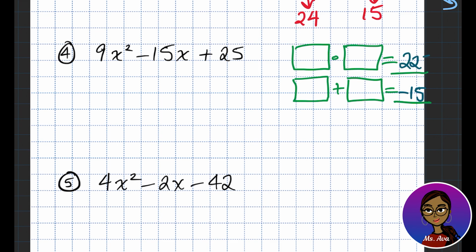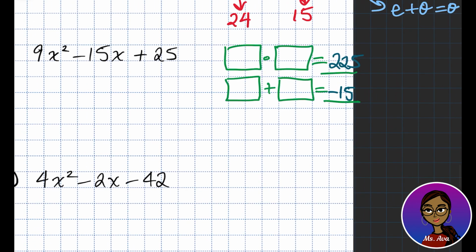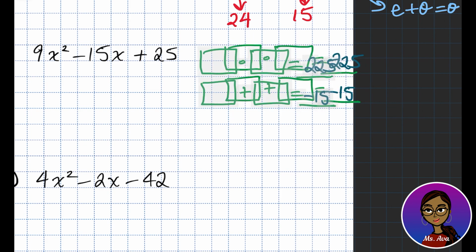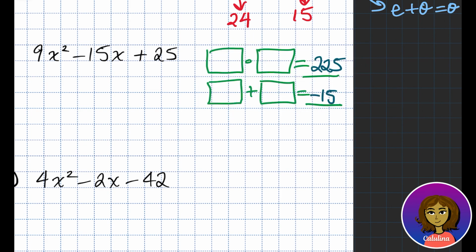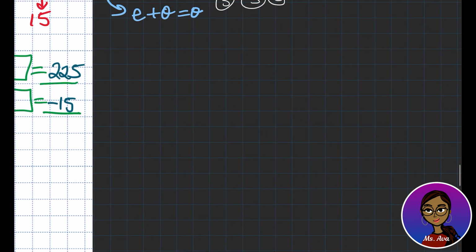So 225. That's the situation that we have here. We need two numbers that multiply to give us 225 and add up to give us negative 15. All right, so maybe what we should do is try this on the side with the factor tree again. Okay, cool. So let's break down that 225.